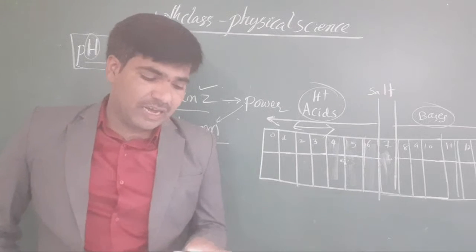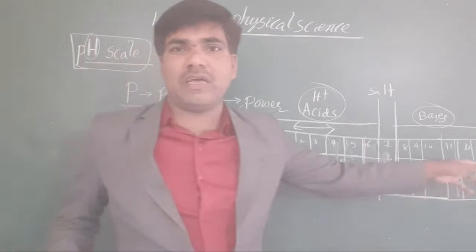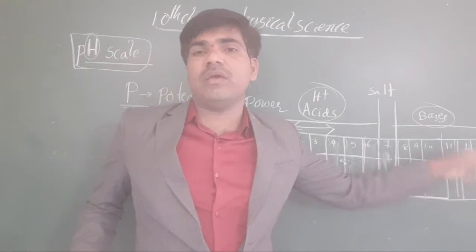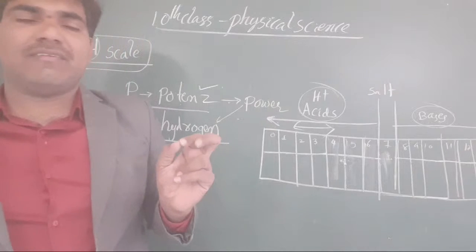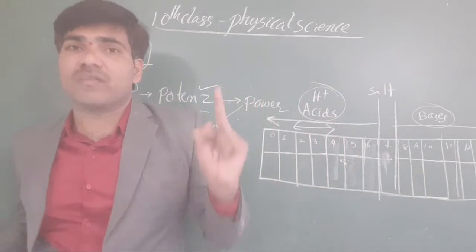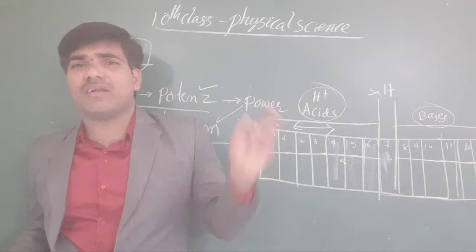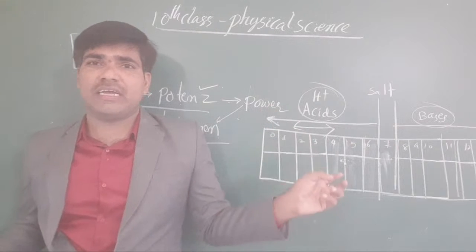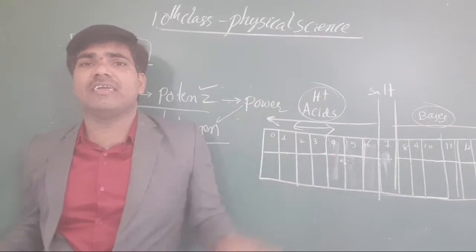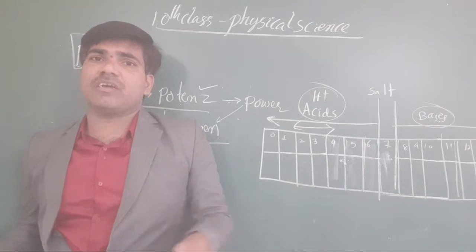And as well as, once you take the 14, whatever the 14 is there, that is for the bases. Why we take this 14, why we take 1, why we take 0, what it indicates, we will discuss tomorrow by mathematical formulation.